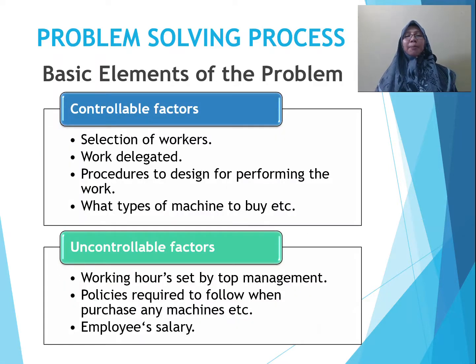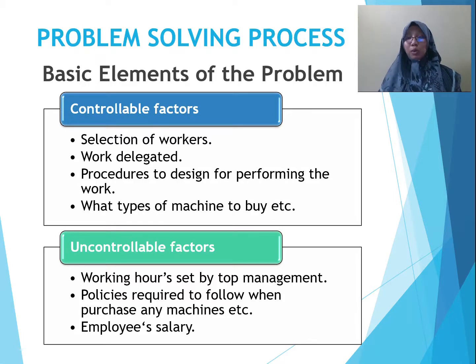Okay, so what are the controllable factors? The first one is selection of workers. We can control how we are going to select the new workers. We can control the work delegated. As a supervisor, you can control the delegation of the work wisely. Number 3 is the procedures designed for performing the work.